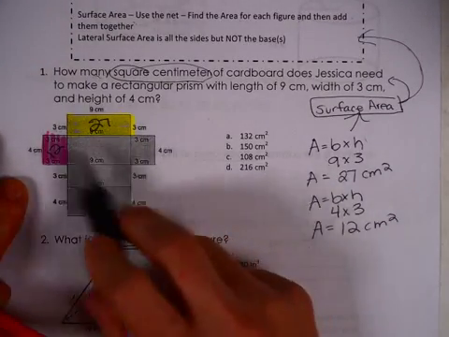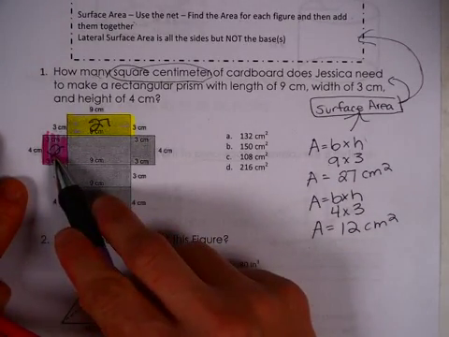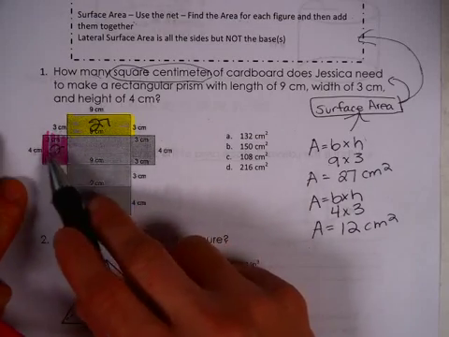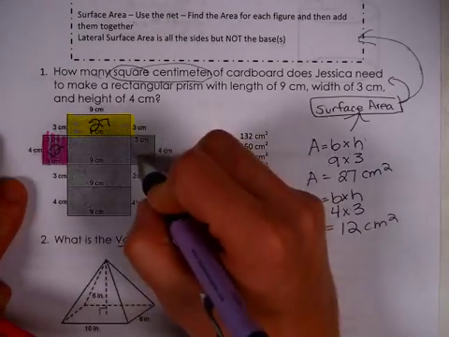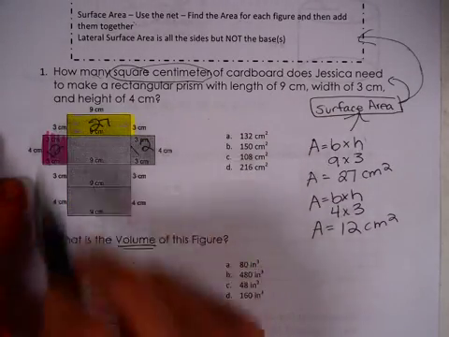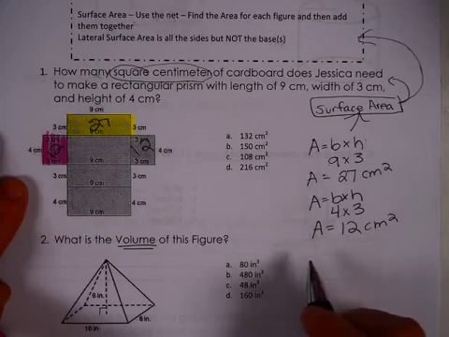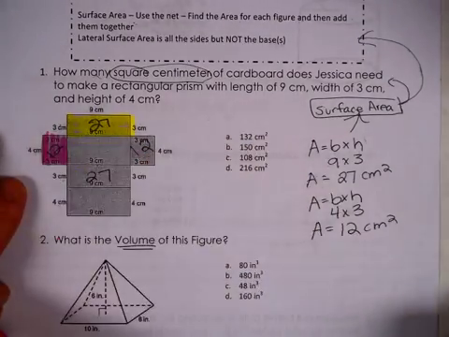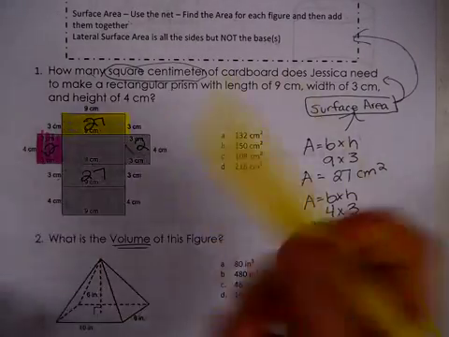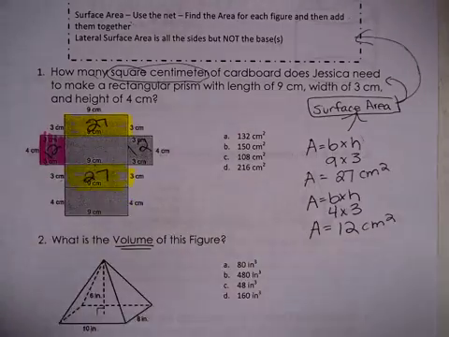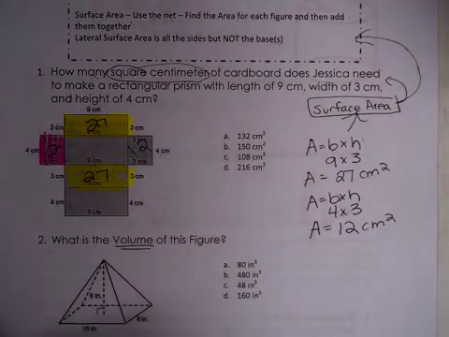Now, we have to see which ones match. This one, if this is 12 and it's a 3 by 4, that's 12. Well, this one is also 12. This one right here is 3 times 9, so this one is also 27. Okay, I could have remultiplied it, but I didn't have to because I can see the dimensions.